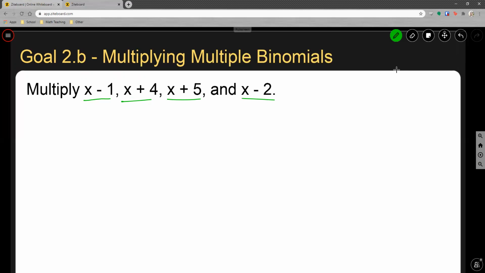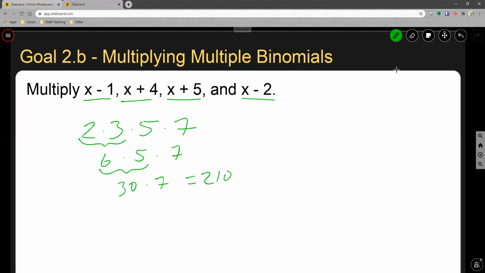It's commutative. Think about if I did 2 times 3 times 5 times 7, the first 4 prime numbers. I can multiply from left to right, no problem. Get 6 times 5 times 7. I can keep on multiplying, and I get 210.